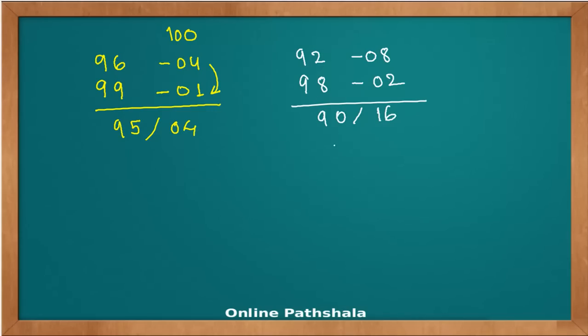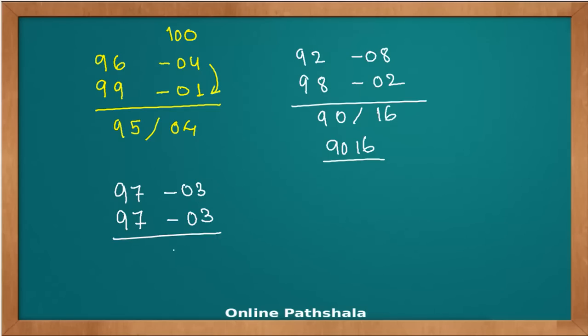So 9016 is your answer. Let us do two more. Let's say you want to do 97 multiplied by 97. The complement is minus 03 and minus 03. Multiply these two, it becomes 09, and 97 minus 3 is 94. So your answer is 9409.